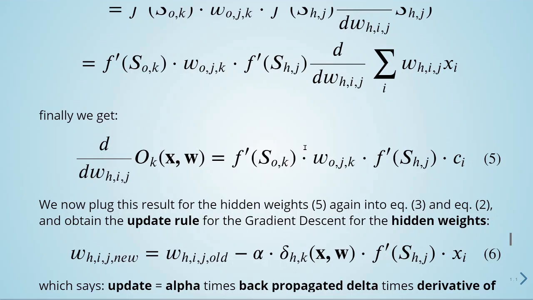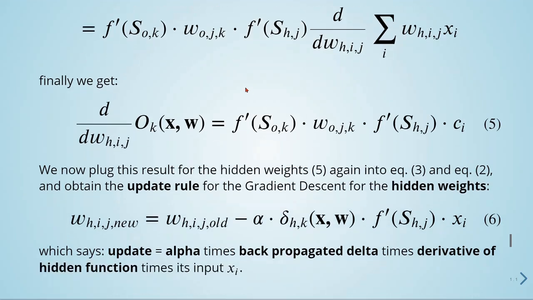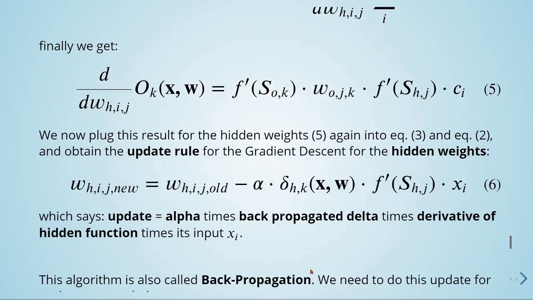Again, we plug this result 5 for the hidden weights into equations 3 and 2, and we obtain the update rule for the gradient descent for the hidden weights. This is equation 6, which tells us that the update is equal to alpha times the backpropagated delta times the derivative of the hidden function times its input x_i.